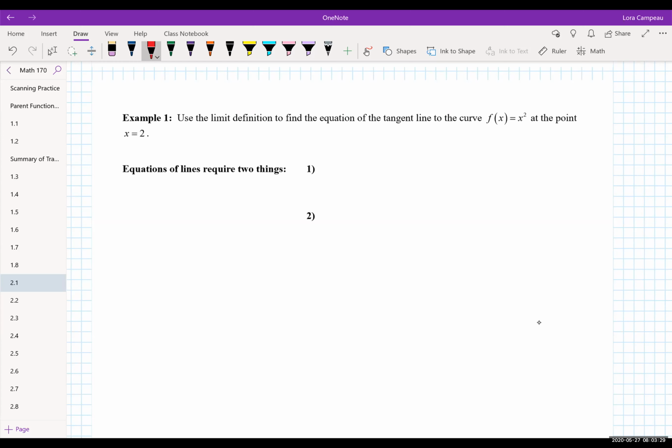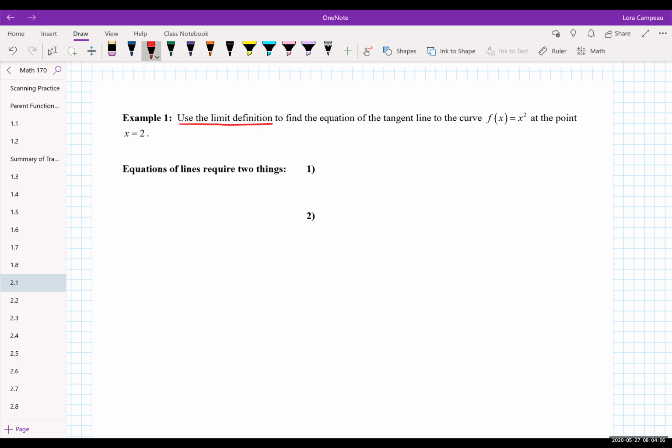The directions specify for us to use the limit definition to find the equation of the tangent line to the curve f of x equals x squared at the point x equals 2. This one is a nice parent graph. We actually have our parent graph of a parabola. And I think I have a Desmos application on this one. Let's see if I can pull that up really quick.